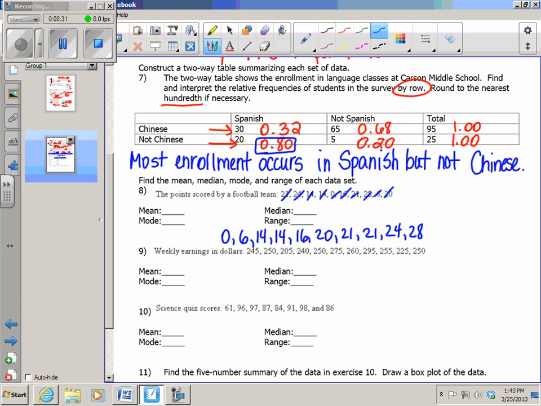And my mode, which is the easiest one to find, is the one that occurs the most. We have 2 of those. We have 14 that occurs 2 times, and we have 21. My mean is when I add all the numbers together. 6, 14, 14, 16, 20, 21, 21, 24, 28.